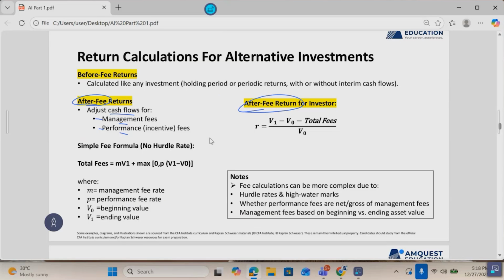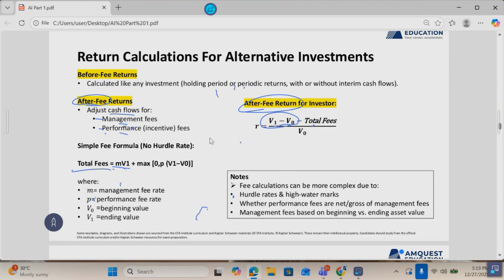So you say, fine, you made the return, very good. What are the total fees that you have to pay? You have to consider them as a cost. Therefore the total appreciation minus the fees is your net return. Total fee obviously is based on the amount that you earned in excess, management fees and so on. So this is very important to find out how much return you're making. You can sometimes use hurdle rates.